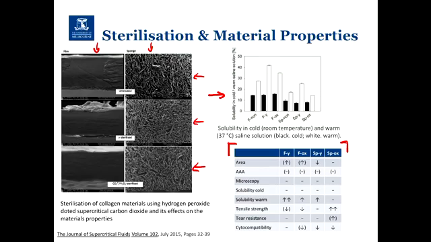But you can see that pretty much, particularly for polymers, whatever technique you use is probably going to have an effect on it. It's just what that effect is and how much it affects the performance of what you've designed that material or that device to do.